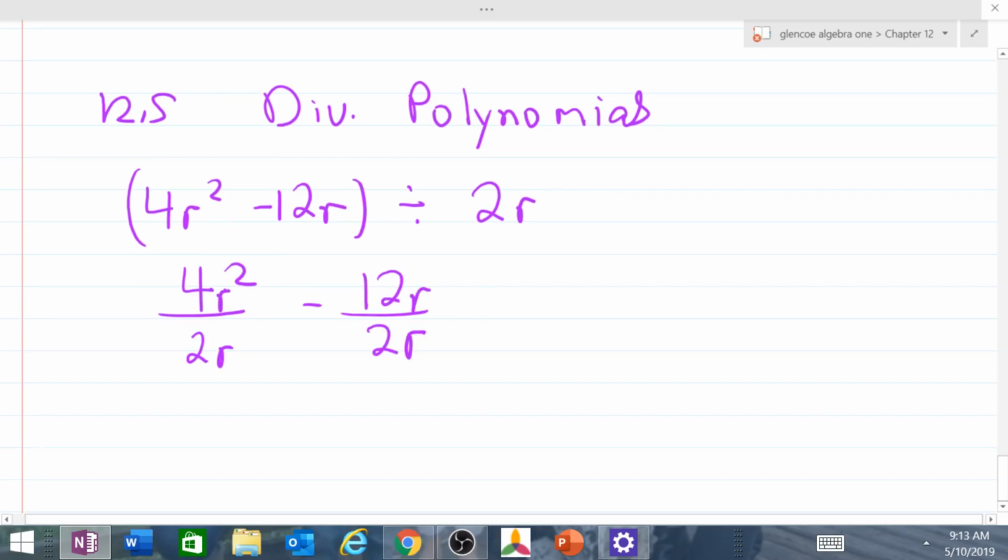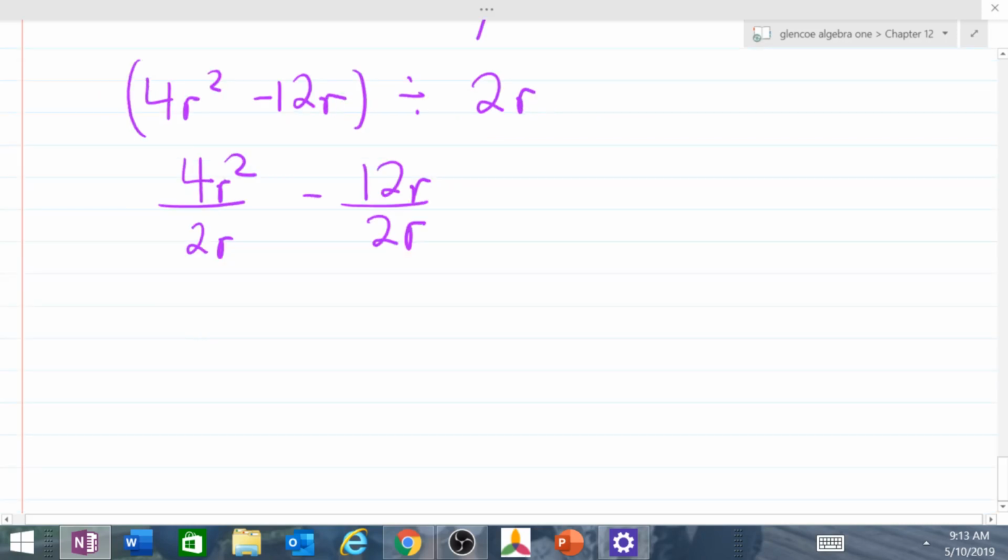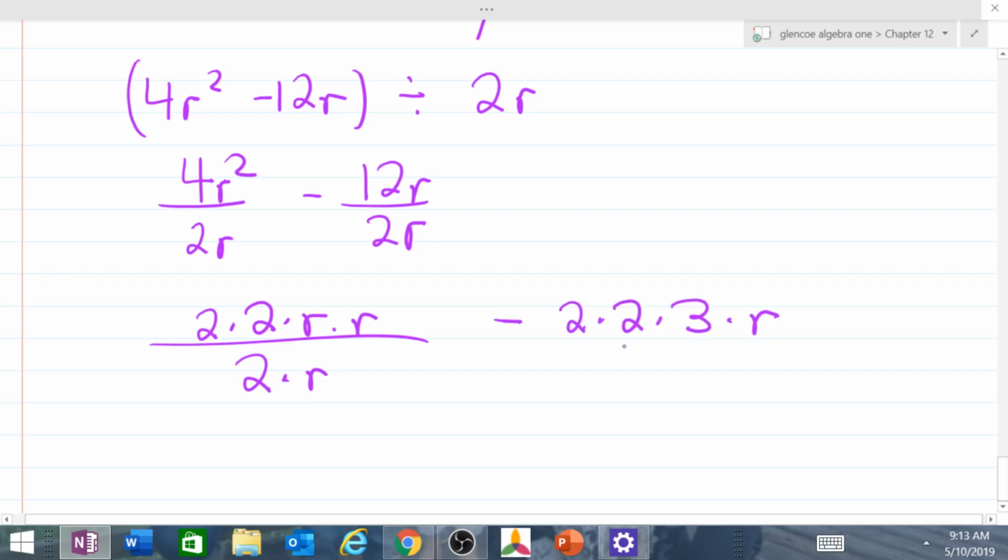So we're going to prime factor the first fraction as 2 times 2 times r, all over 2 times r, minus 2 times 2 times 3 times r over 2 times r.